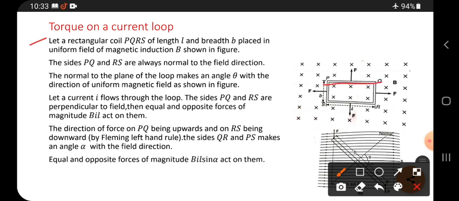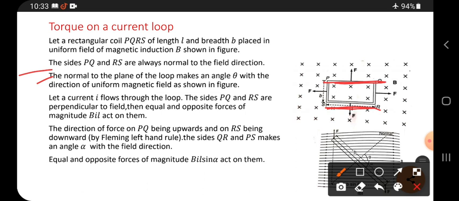So it is a rectangular loop coil having ends P, Q, R, S, where l is its length and b is the breadth. The sides PQ and RS are always normal to the field direction. Here PQ and RS are both perpendicular to the field direction.